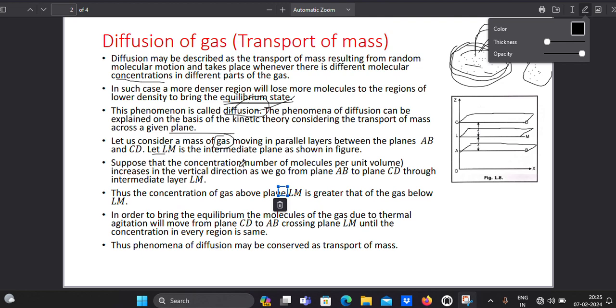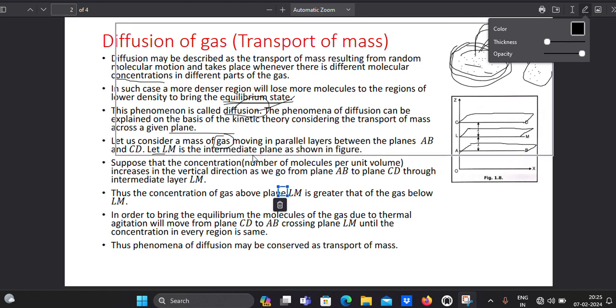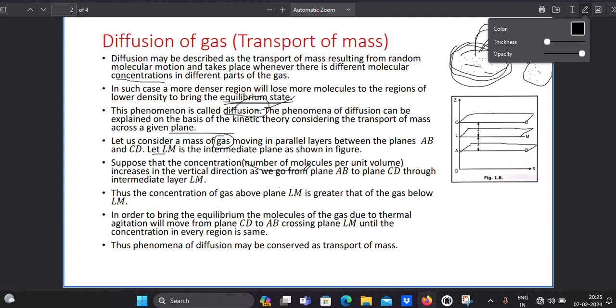Suppose that concentration, see here, the definition is given. Concentration is the number of molecules per unit volume, called concentration or density. Density and concentration both have the same definition, they are synonyms. Suppose that concentration increases in the vertical direction as we go from plane AB to plane CD through the intermediate plane LM.